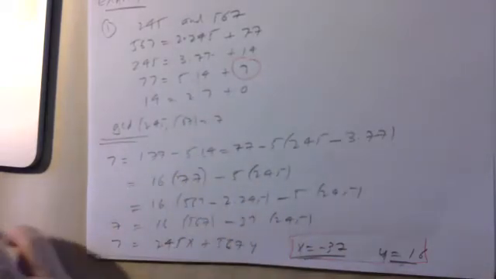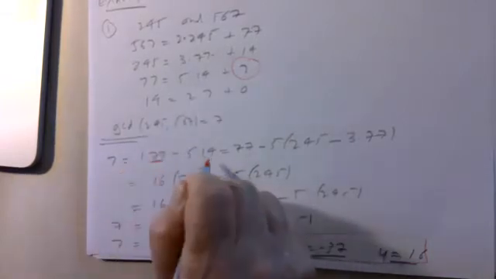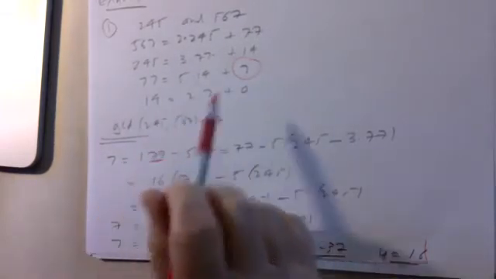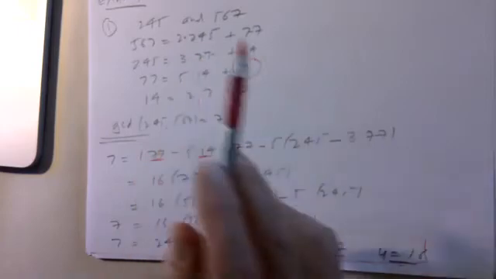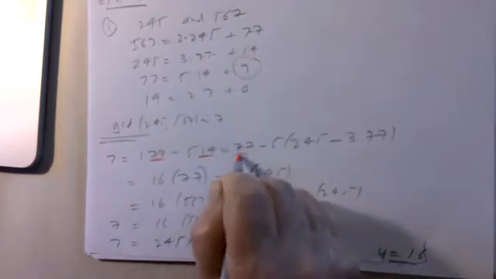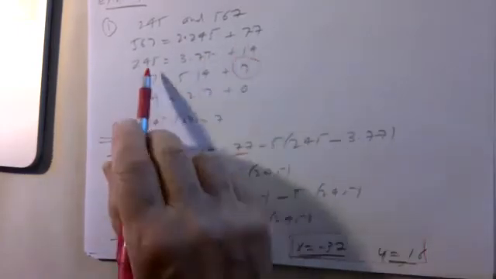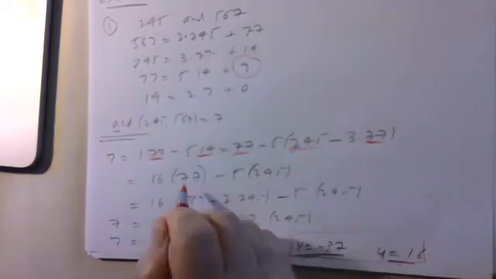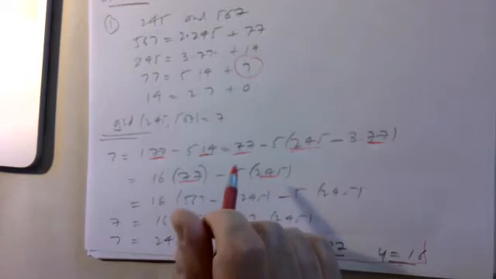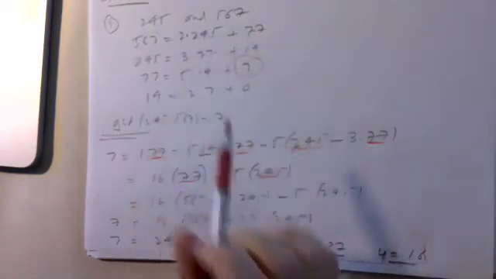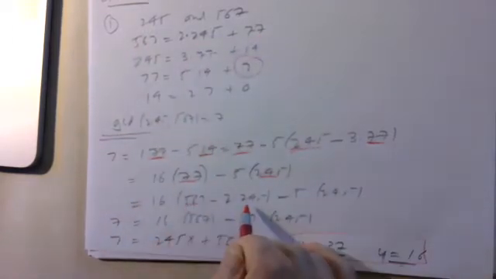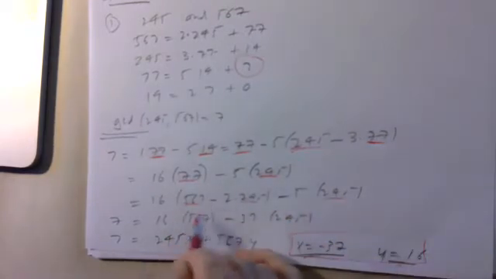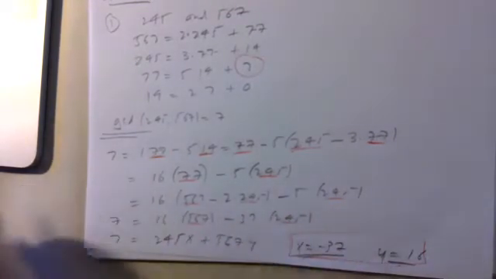right? So it's a multiple of 77 and a multiple of 14. But 14 is this difference. So here's my 77, and 14 is this minus this. And when I collect the terms, I get this. But 77 is this minus this. And when I collect the terms, I get the answer.